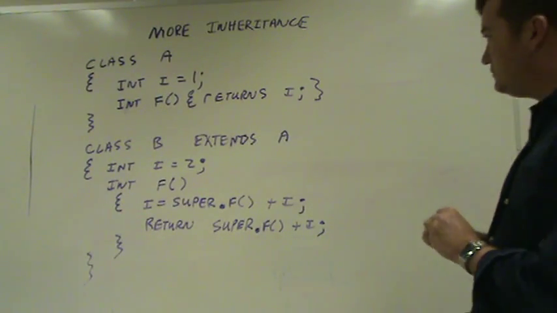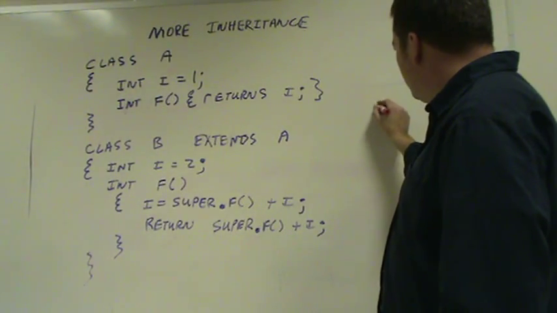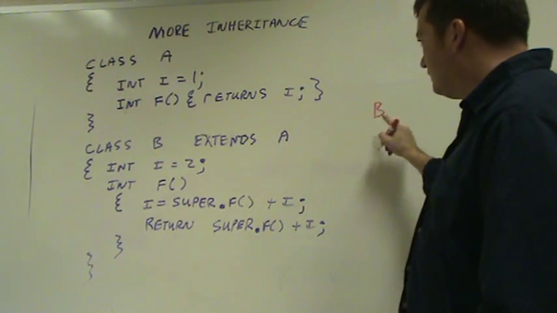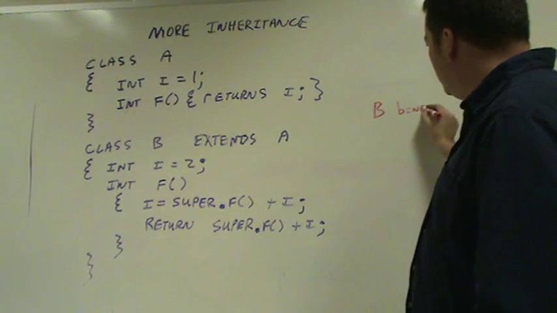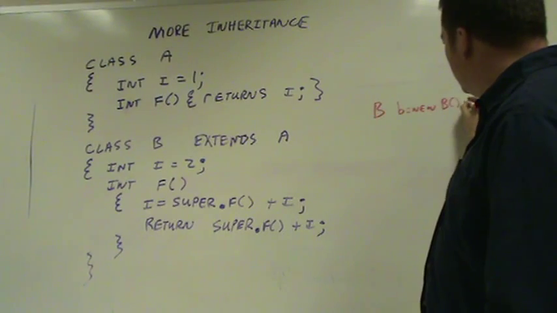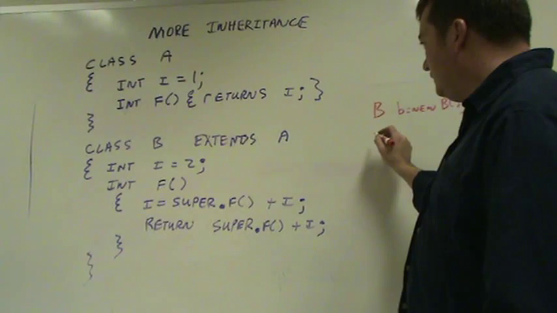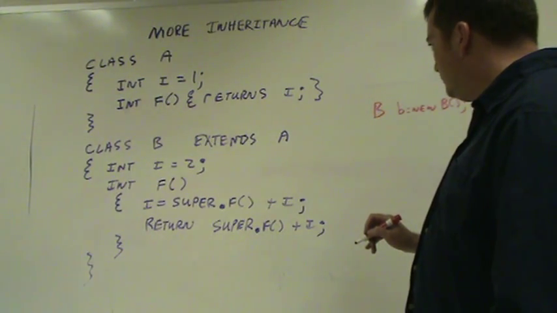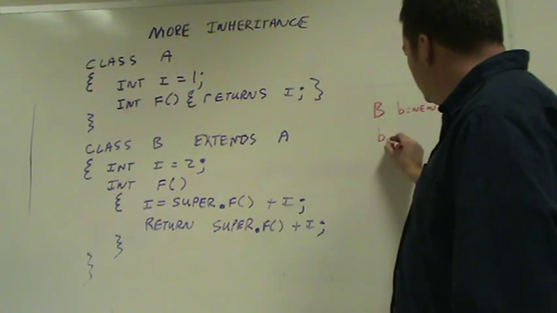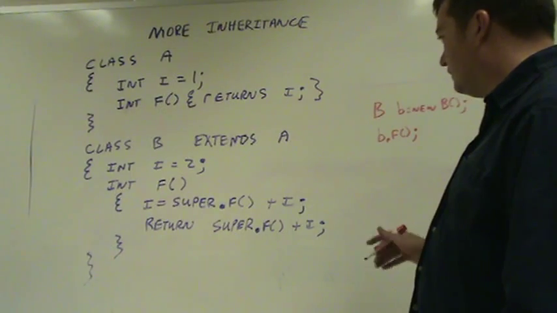If we create an object of type B, we'll make a little b equals new B. And then we call the f function on b. What would it return?